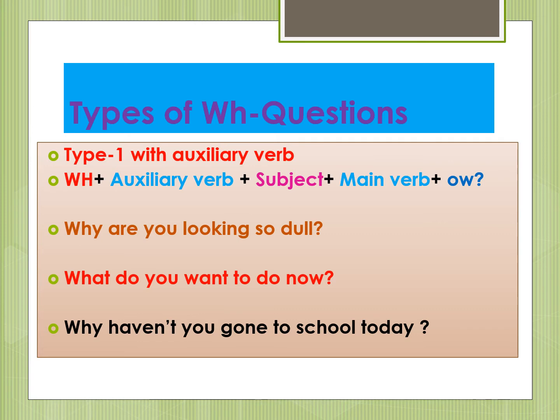In the first question, are is the auxiliary verb. In the second one, do is the auxiliary verb. In the third one, have is the auxiliary verb. So if a WH question has an auxiliary verb in it, we call that the first type of WH question.